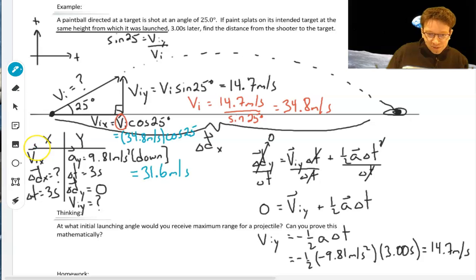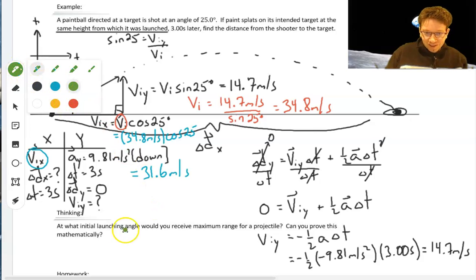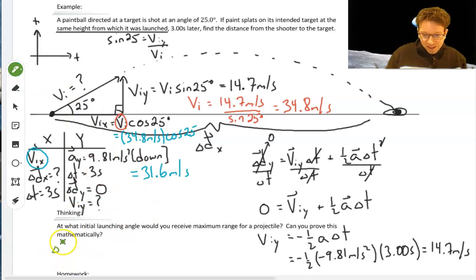And now that I know what initial velocity in x is, our last domino effect is to find that the displacement or the range in x is equal to the velocity in x. And I write initial velocity in x, but because your velocity in x doesn't change, you can just write vx. Because there's no acceleration in x.